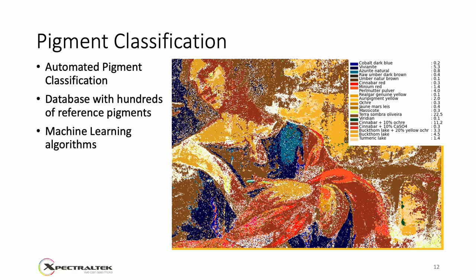At the same time, the algorithm presents the percentage of surface coverage for every pigment classified. Of course, the database, as well as the algorithms, are in constant development to include more pigments and better classification efficiency.